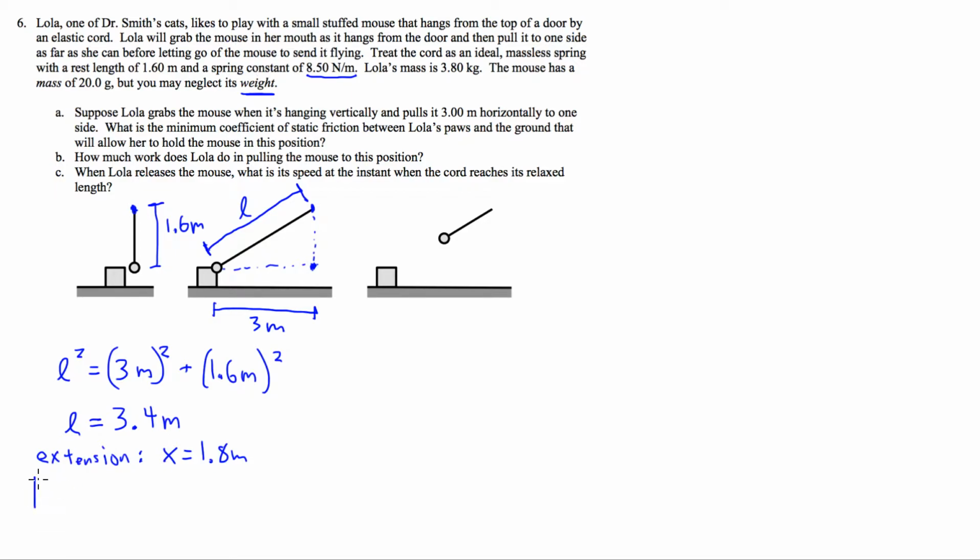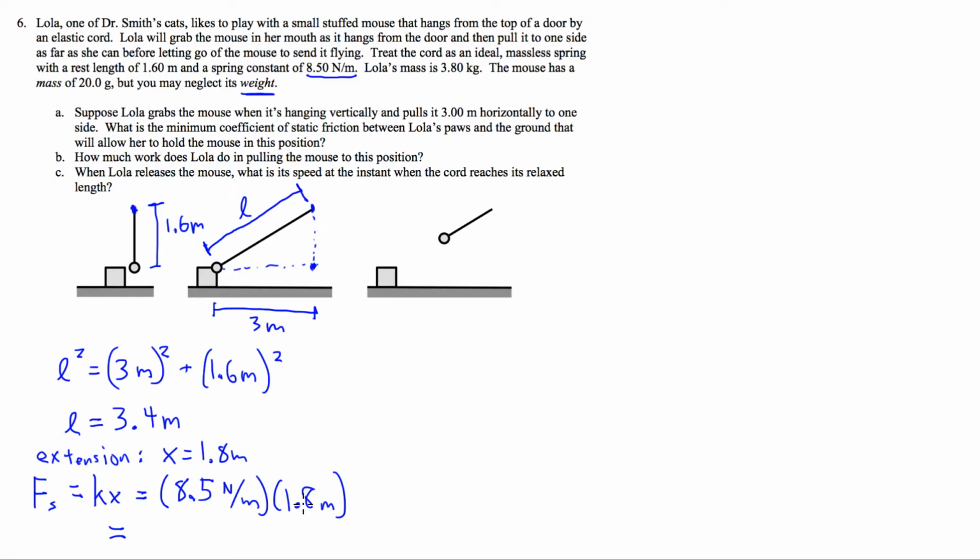So the magnitude of the force exerted by the spring is going to be, sorry, let's see, as usual my handwriting is horrible, K times x, which is our spring constant K, 8.5 newtons per meter, times 1.8 meters. 2 times 8.5 would be 17, and then we subtract 0.2 times 8.5, which is 1.7.